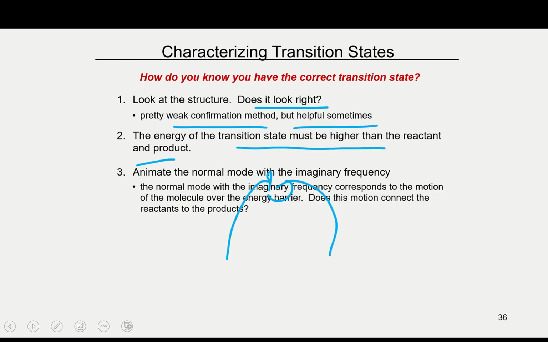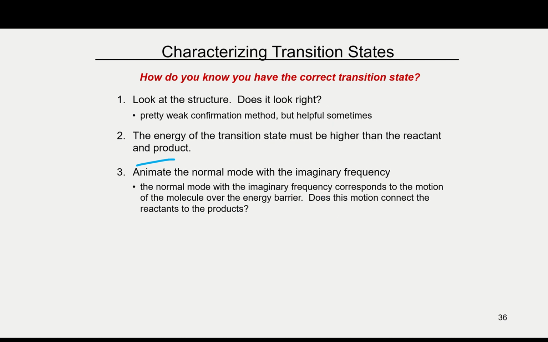The third, and very important, which can help most chemists in finding out the transition state, is to animate the normal mode with the imaginary frequency. There will always be, for a transition state, one imaginary frequency. So you should animate the normal mode with that imaginary frequency. The normal mode with the imaginary frequency corresponds to the motion of the molecule over the energy barrier. Does the motion connect the reactants and products?